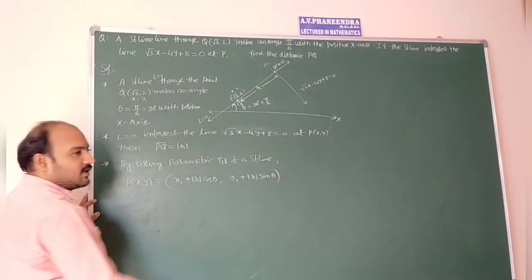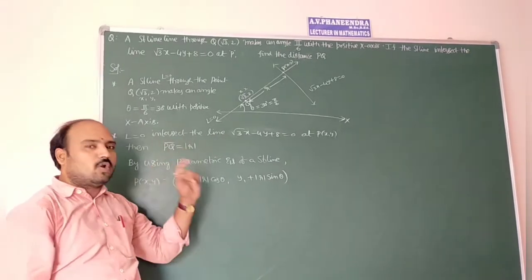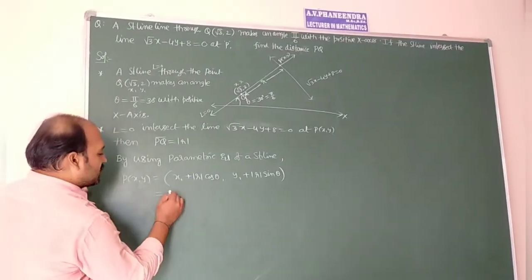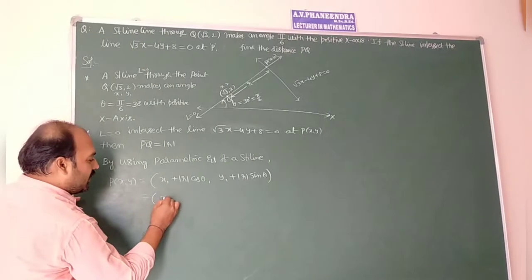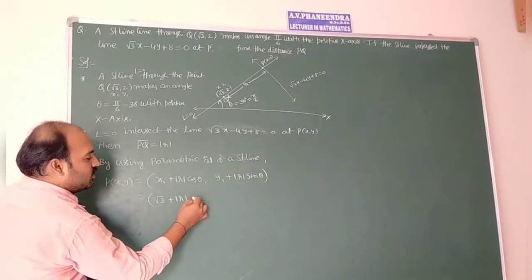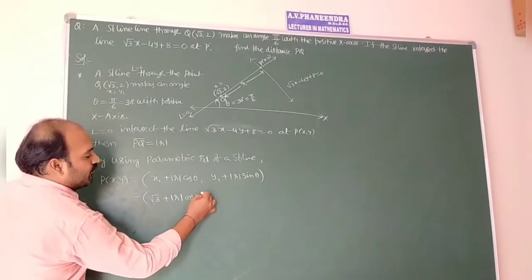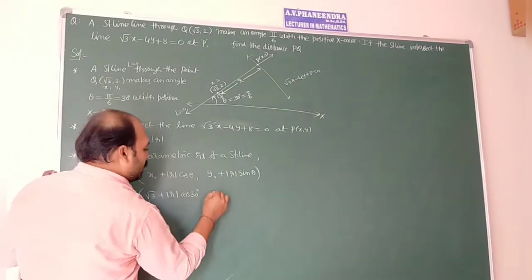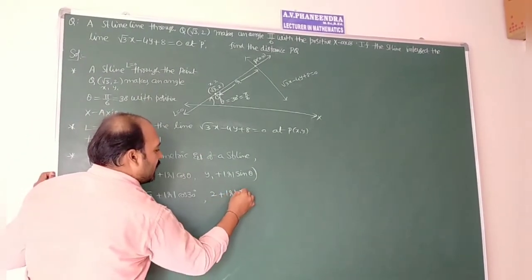I already said that whenever you are going to calculate PQ, mod r only you can write. So x1 value is root 3 plus mod r into cos 30, y1 means 2 plus mod r into sin 30.